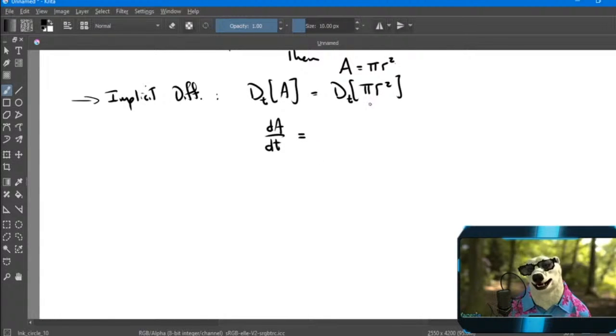The right side, there's something happening. My derivative is with respect to the t variable, yet I don't have the t inside the square bracket, I have an r. And r, remember, is itself a function of time. So I have this constant pi, I have this r, which is a function of time, and then I square it.